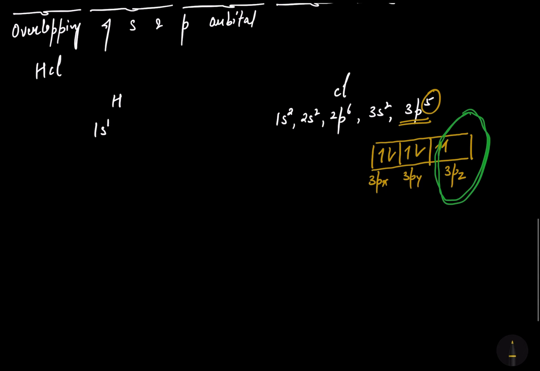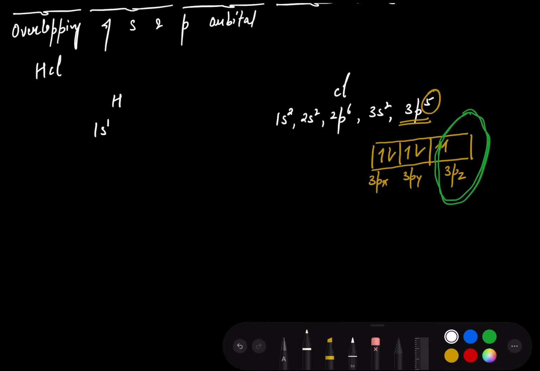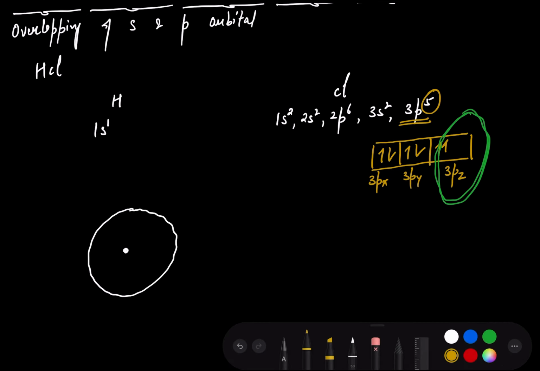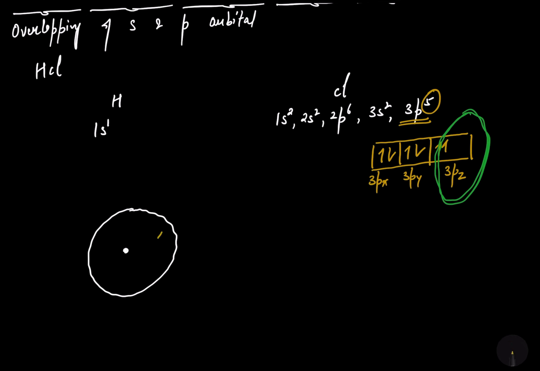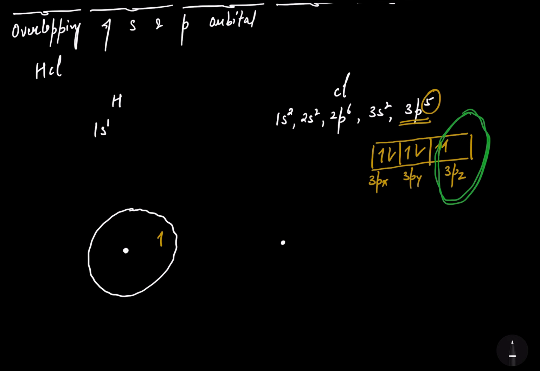Now I'm writing again over here. So hydrogen, this is the nucleus of the hydrogen. The s subshell is spherical in shape, right? So here the s orbital is having an electron with a spin of plus 1 by 2. Now let's talk about the 3pz. Now it's a p orbital, which is dumbbell in shape.